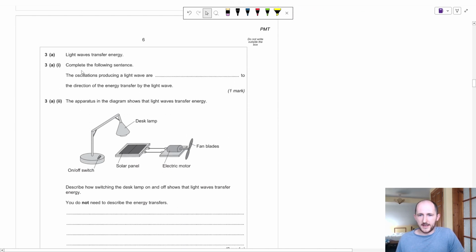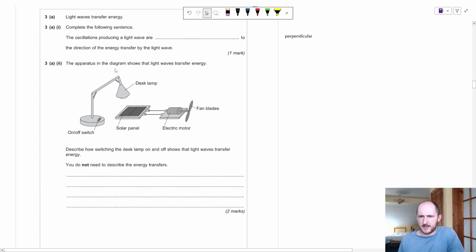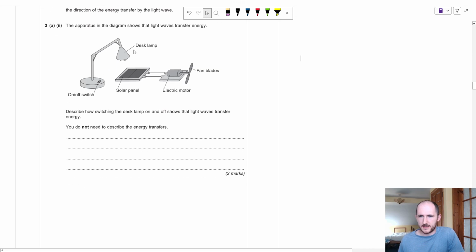Okay, light waves transfer energy. Complete the following sentence. Oscillations producing a light wave are something to the direction of energy transfer. Because it's a transverse wave, they are perpendicular. The apparatus in the diagram shows that light waves transfer energy. Okay, cool. So there's a desk lamp and a solar panel. When the light from the lamp hits the solar panel, it produces electricity, which causes the fan to move. So describe how switching the lamp on and off affects it.